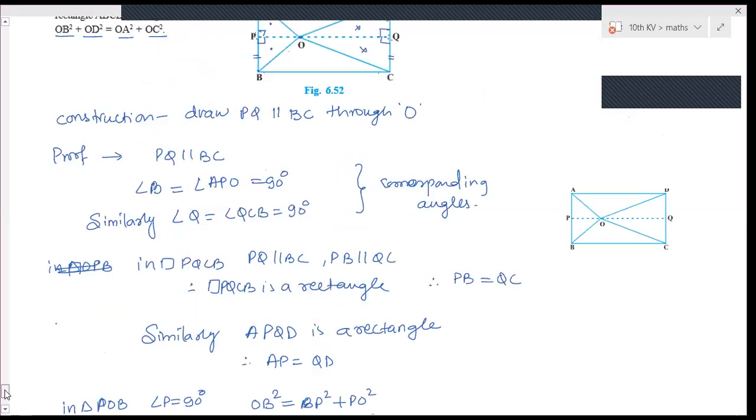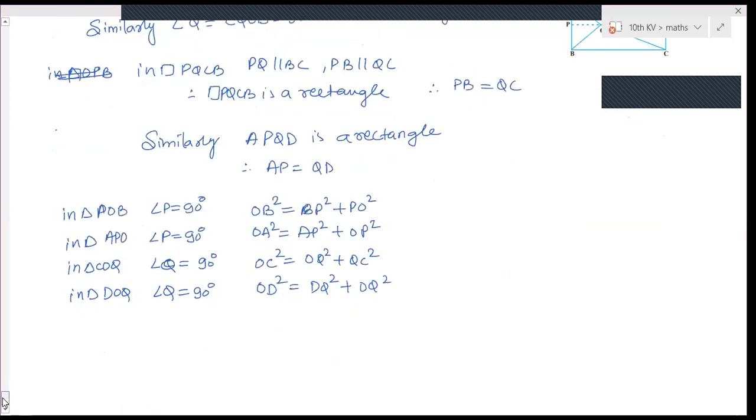Now what is the proof they have asked? OB square plus OD square. So these two Pythagoras theorem statements, we will add. OB square plus OD square is equal to PB square plus PO square plus DQ square plus OQ square.